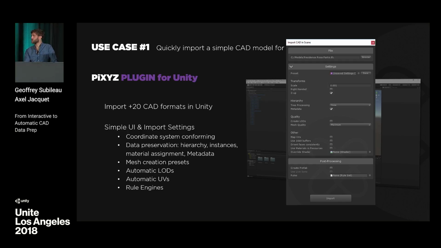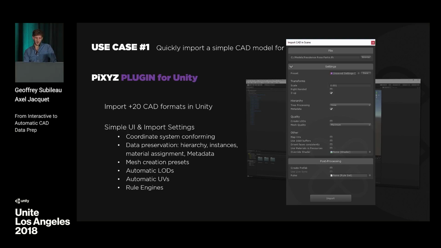But I won't go too much into details in this presentation of the Pyxis plugin for Unity, since our colleagues from Pyxis, Olivier and Laurent, will be giving a full presentation of the new release 2018.3 version that will be released in November. So they are giving a presentation at 5 this afternoon, so make sure to attend because you will learn a lot of stuff about this product.